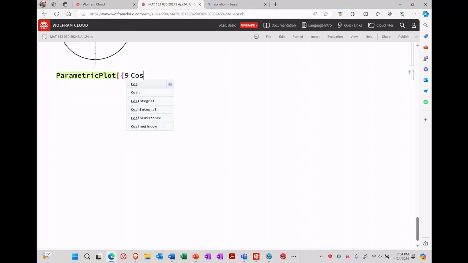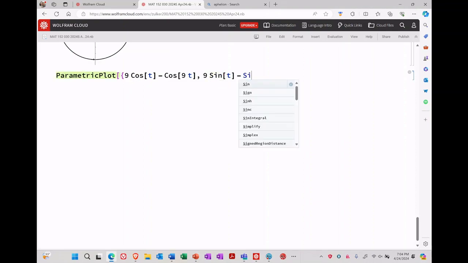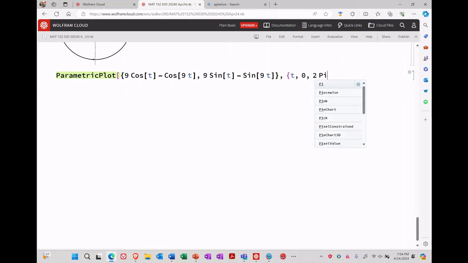That was 9 cosine of t minus cosine of 9t, 9 sine t minus sine 9t, t from 0 to 2 pi.